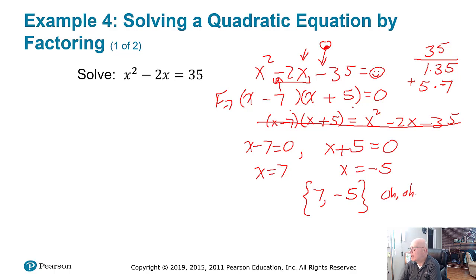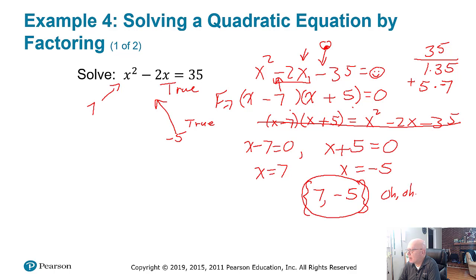We need to check that. Make sure if you put a 7 in here, this is true. And then make sure when you put a -5 in there, that's true. That's the only way you can be sure that these are both solutions. So make sure you check it.